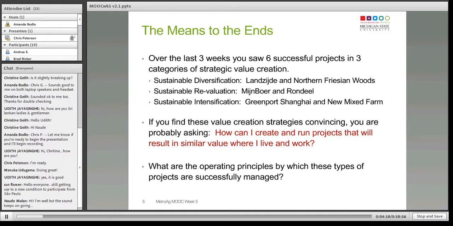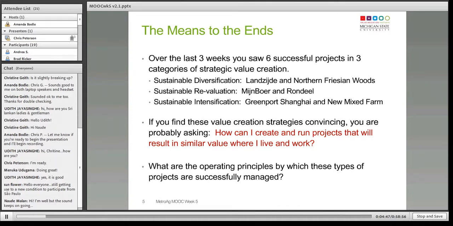Well, I would hope by this point in the course, you're all asking yourselves, well, gee, I'd like to do this at home, where I currently am working and residing. So how can I create and run projects that will result in similar kinds of value creation where you live and work?